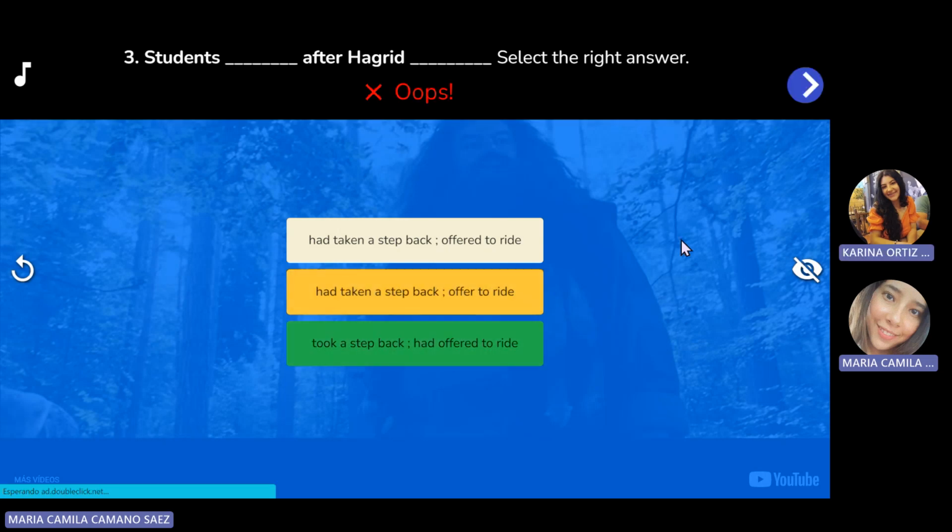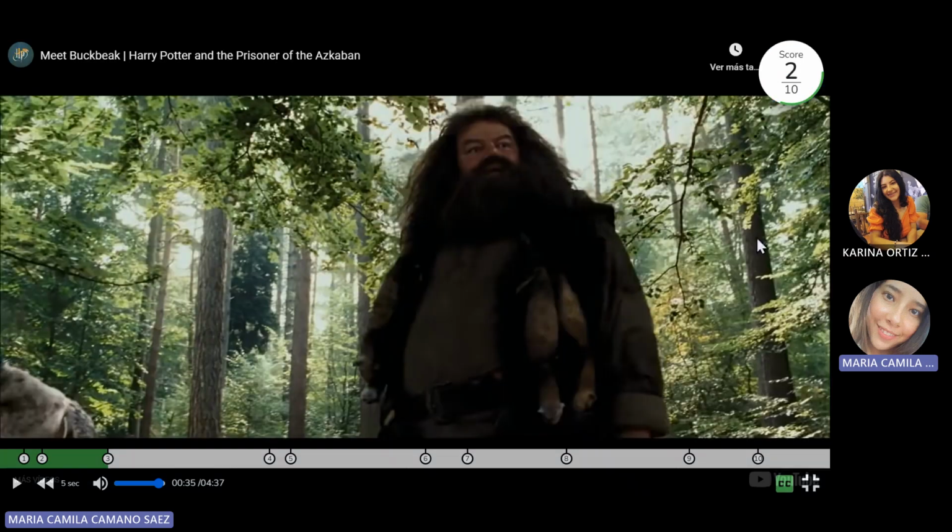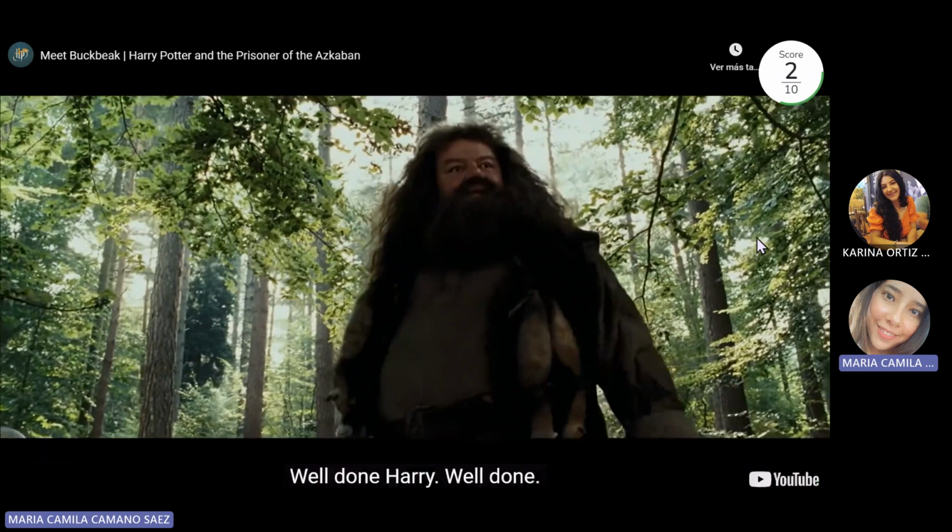Remember that we are talking about past perfect and past simple. In this case, offer isn't present, okay? So to step back, the first one is past simple, and in this case, offered with an ED is a regular verb, but don't worry. Okay. Let's continue. Oh, what happened with the screen? Okay.